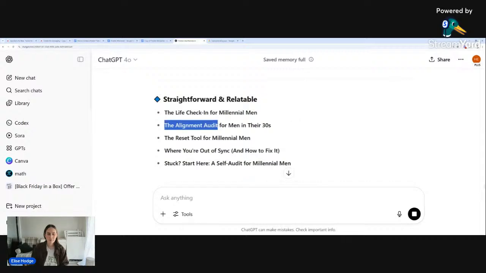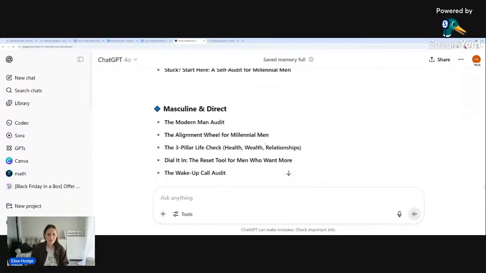I don't mind the alignment audit. Doesn't necessarily sound that exciting, but the alignment wheel, the modern man audit.